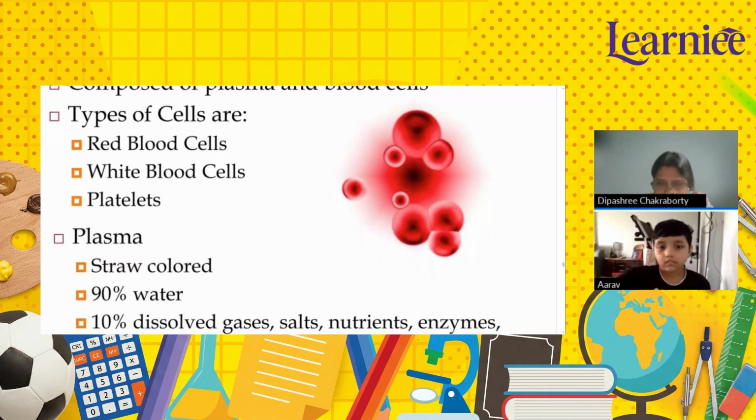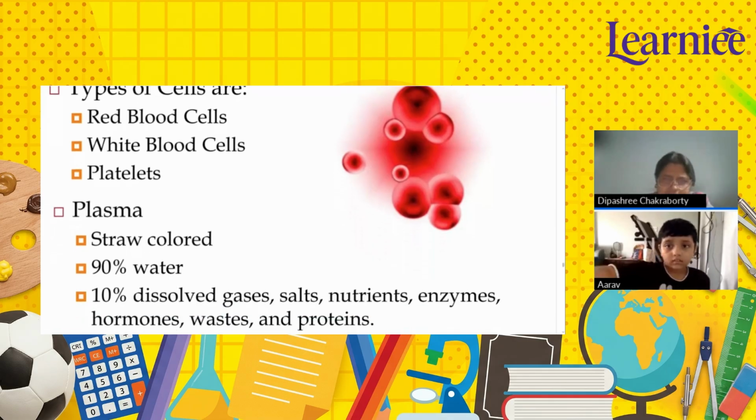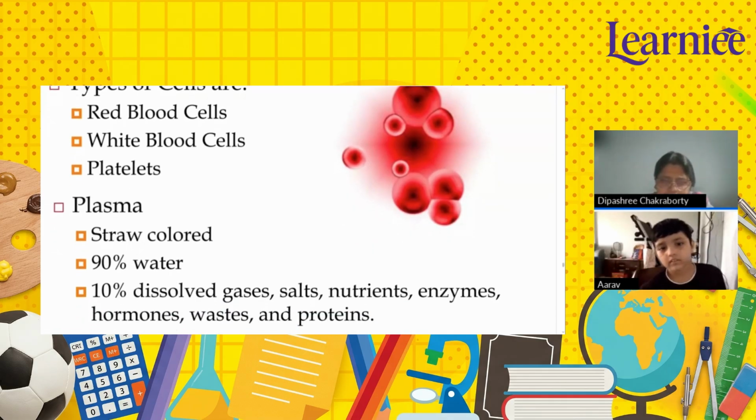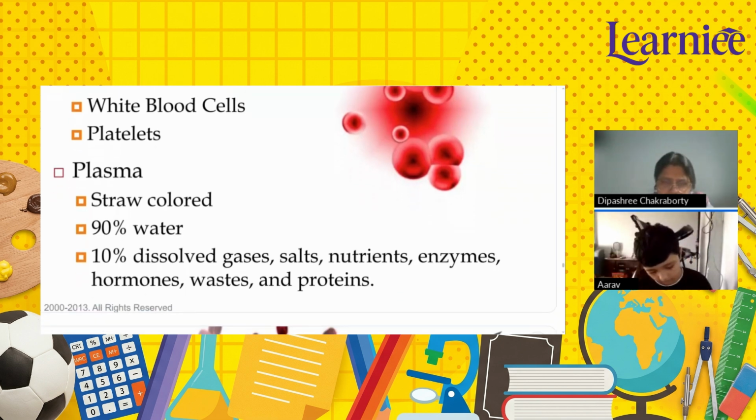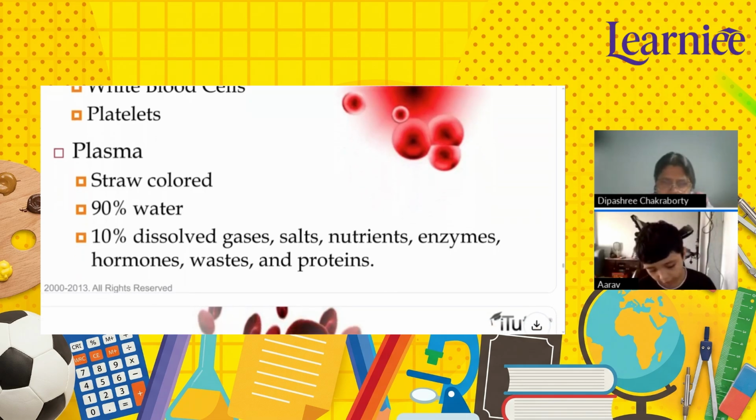That is the plasma. Plasma is mentioned in your book. It's not given in detail, but it's written: the fluid part is called blood plasma. So here you are going to write plasma. Next point, put a star, as it is not mentioned in your book. These are extras.